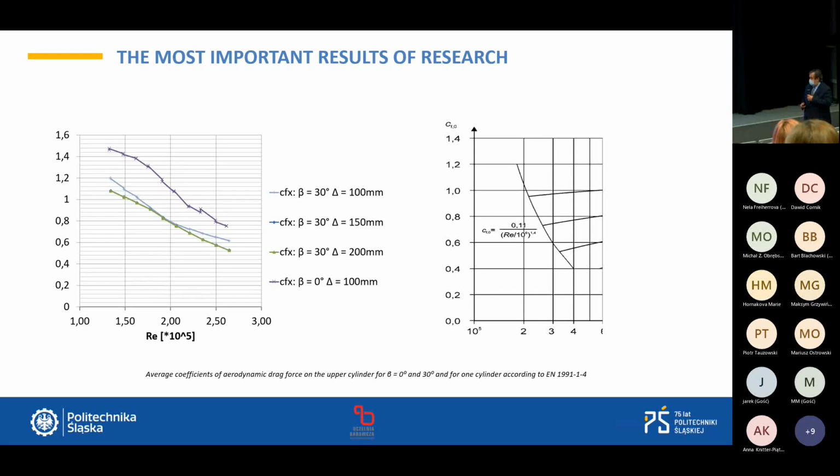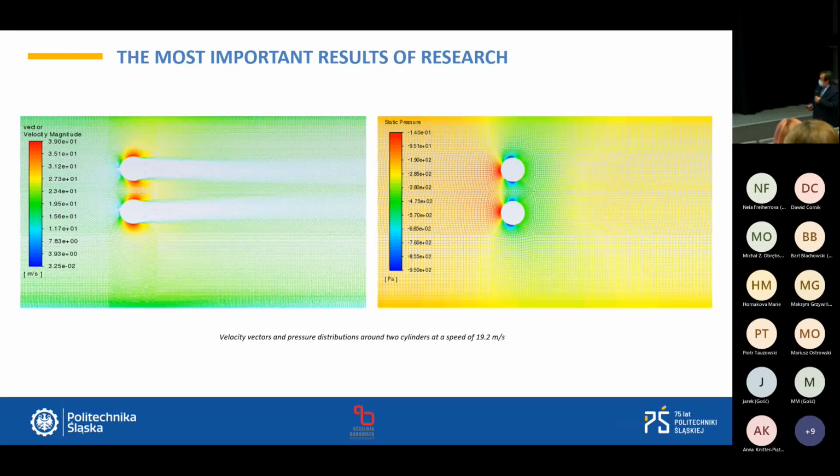And here you have the results of the numerical calculation, velocity vectors and pressure distribution over the cylinders at a speed of 19.5 meters per second.